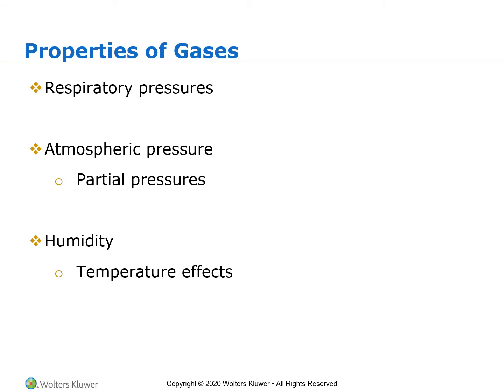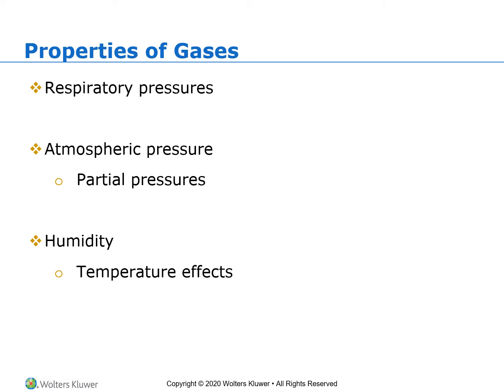So going back to some of the physics or chemistry or biology you took in high school, and remembering your anatomy and physiology, you know that the air is a mixture of gases, mainly nitrogen and oxygen, and combined those gases produce the atmospheric or barometric pressure.